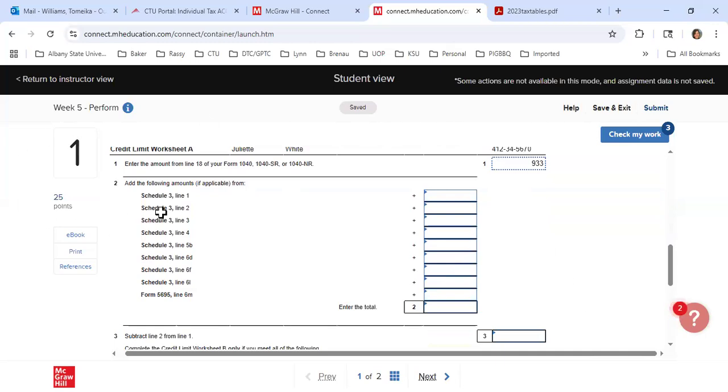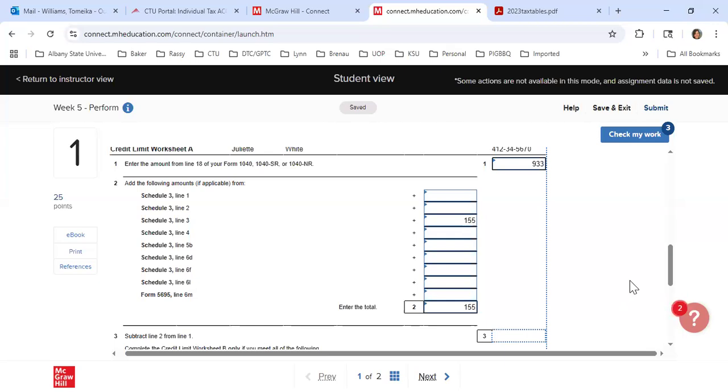Also, if you remember on the Schedule 3, we figured out the tuition credits, which were 155. So on box 2, Schedule 3, line 3 is where you should be. We're going to enter 155 there, and that's the only thing you put in this section. We're going to bring that total down for box 2.